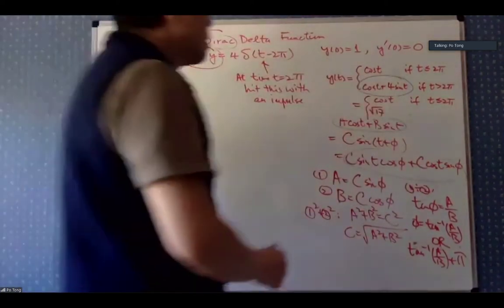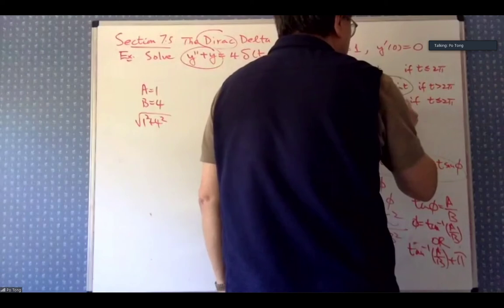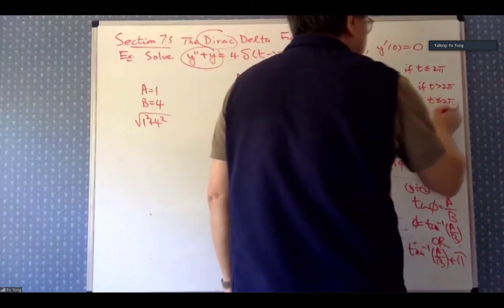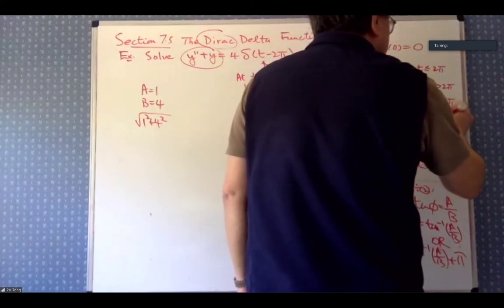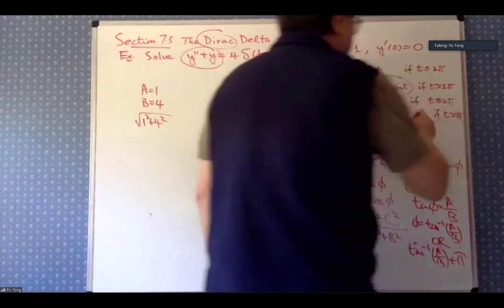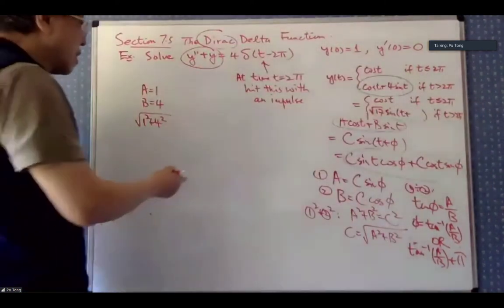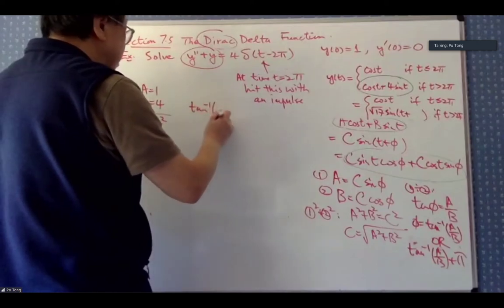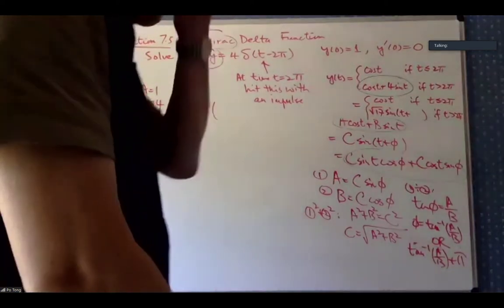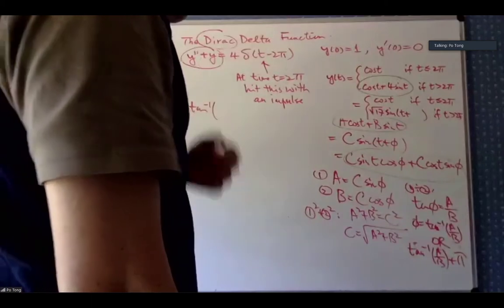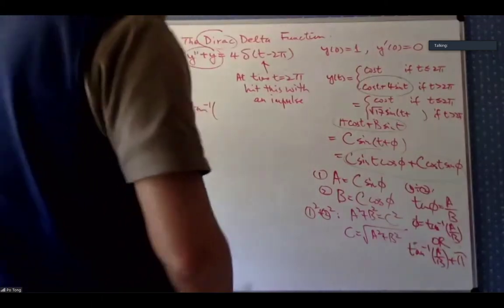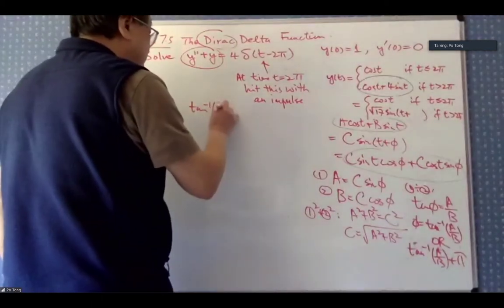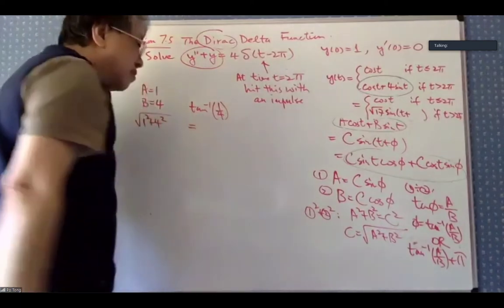And then sine of t plus some angle. What is that angle? How do I get that angle? That angle is arctangent of A over B, arctangent of 1 quarter.